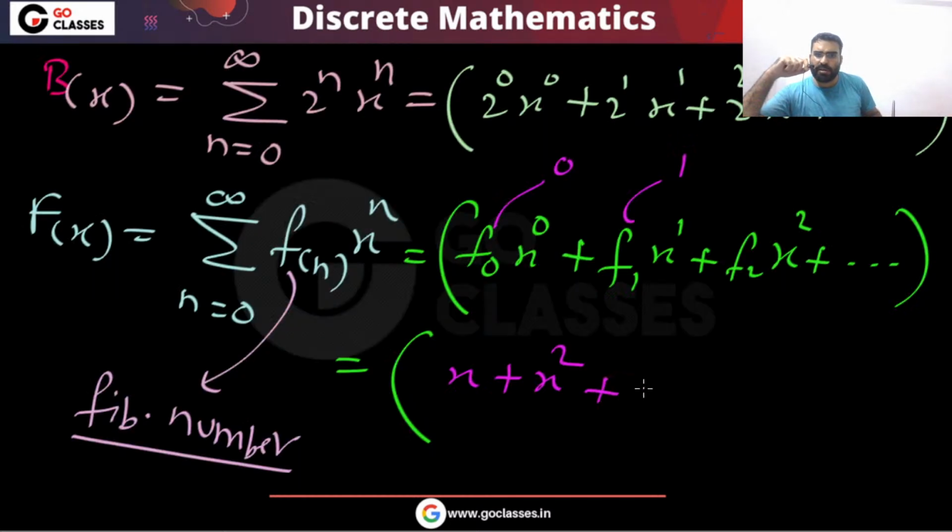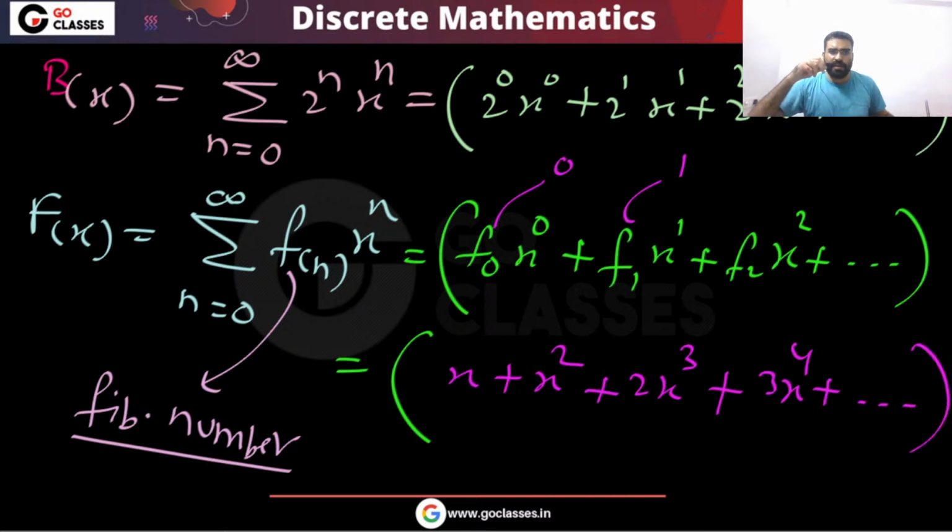Then you have 2x cube, and then 3x power 4, and so on. This is fx.